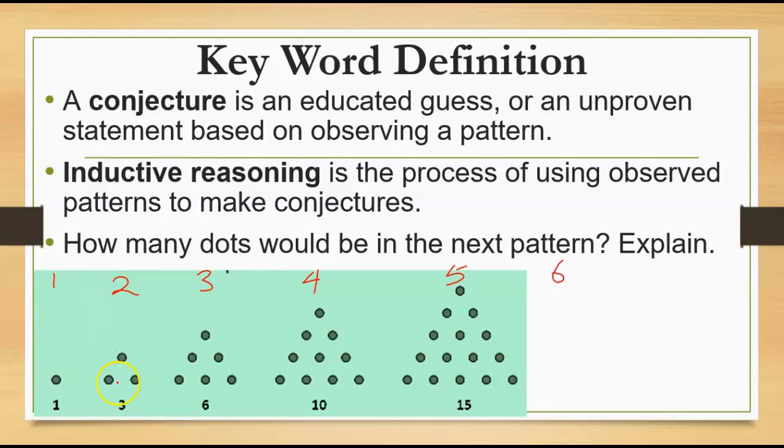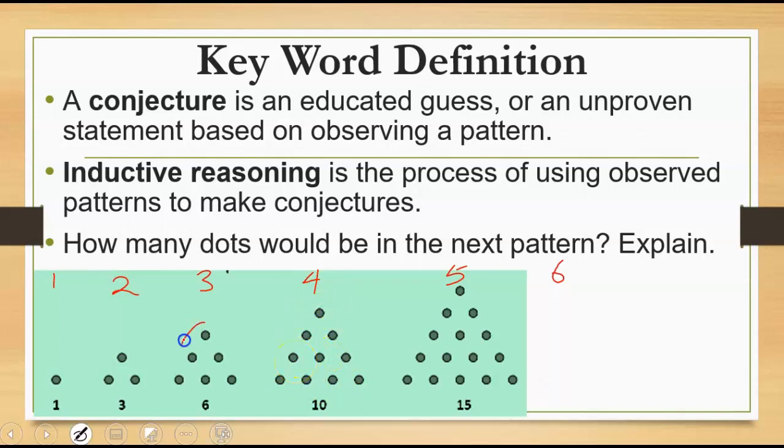Step 2 has 2 dots at the bottom plus the 1 from the previous, so that gives a total of 3. Step 3 has 3 dots at the bottom, and then it added on the 3 from the previous, making it 6. Step 4 has 4 dots at the bottom, and then added on the 6.